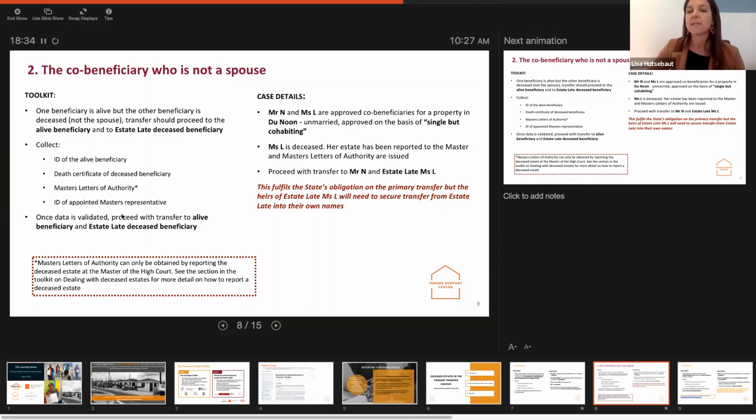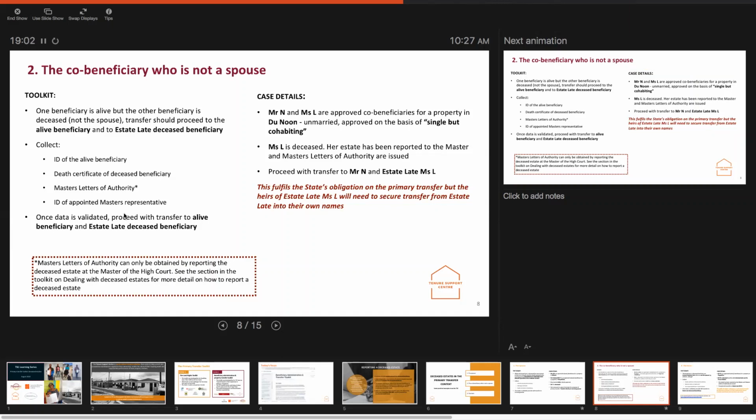So the work of the TSC, that is something that we do. We look at obviously transferring to the end person, the person who actually needs to end up with the property. I just wanted to illustrate that obviously that is not within the realm of the state's concern. Your concern is the primary transfer into that estate. Okay, any specific questions on that at this point, or we can move on to the next one?